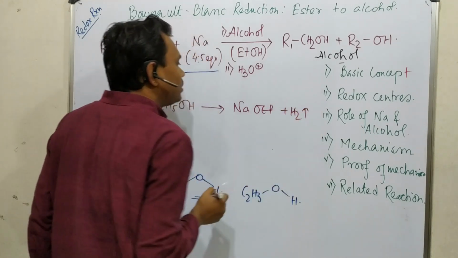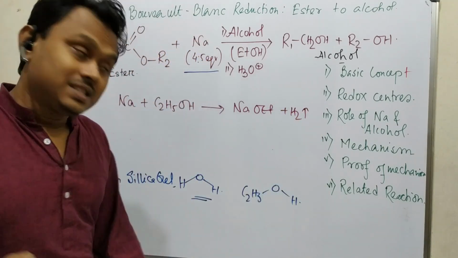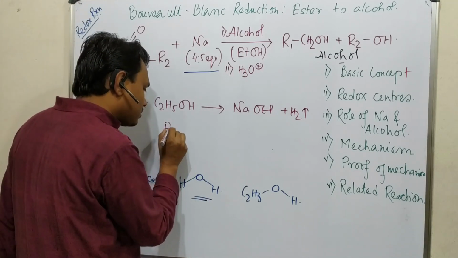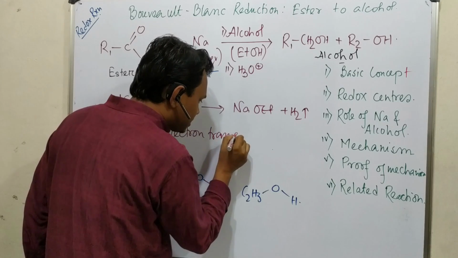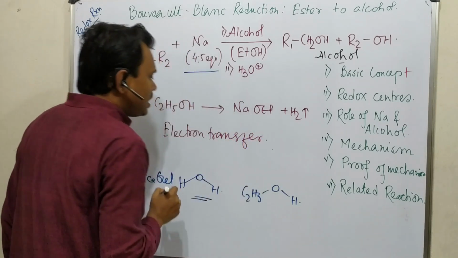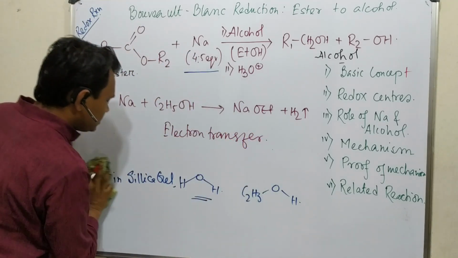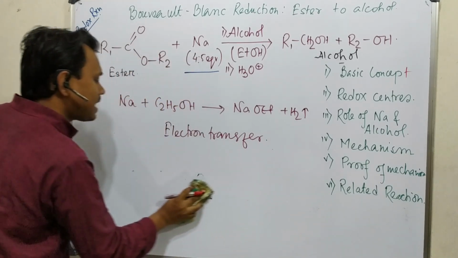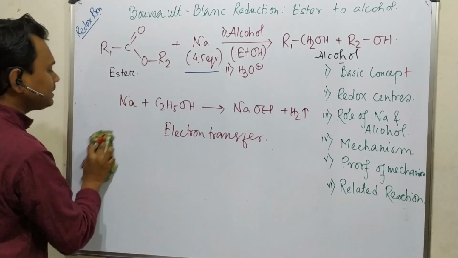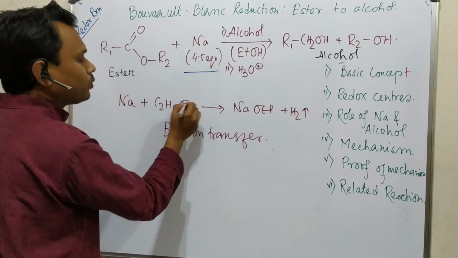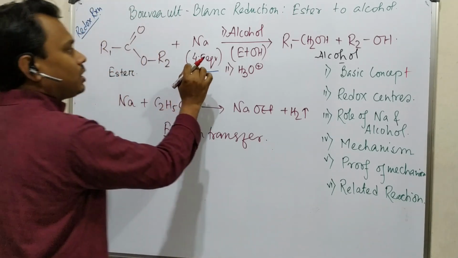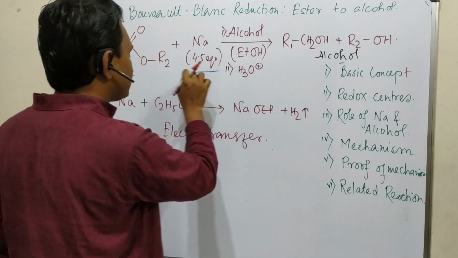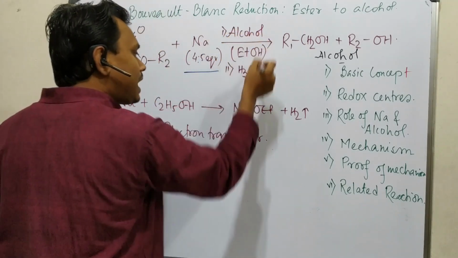It's true, but the first step is electron transfer, and due to electron transfer this reaction happens. What do I mean? Sodium produces sodium plus and an electron, and that electron actually reacts with this OH bond. So first electron release happens. Okay, so that's why we are using alcohol here.